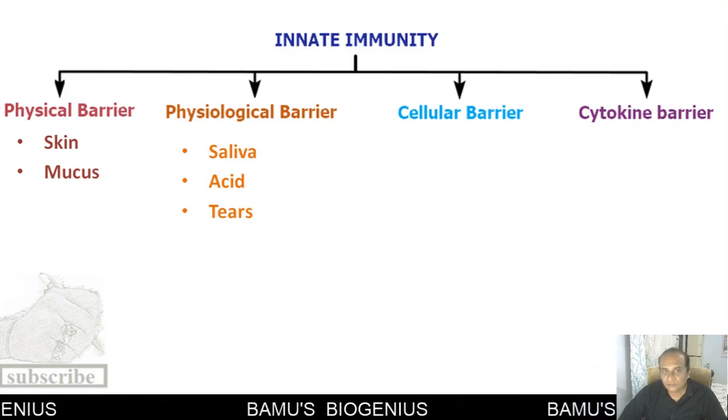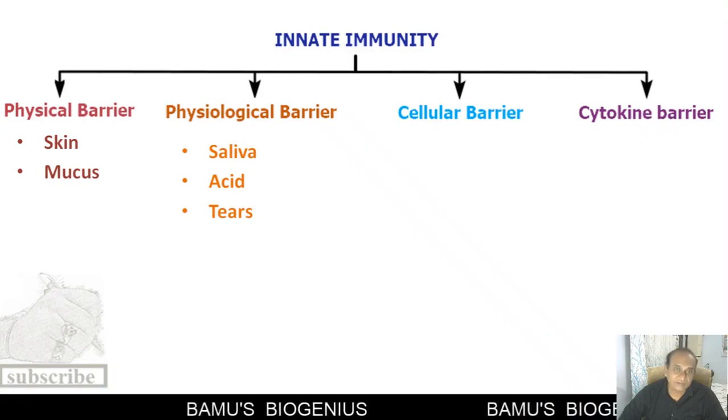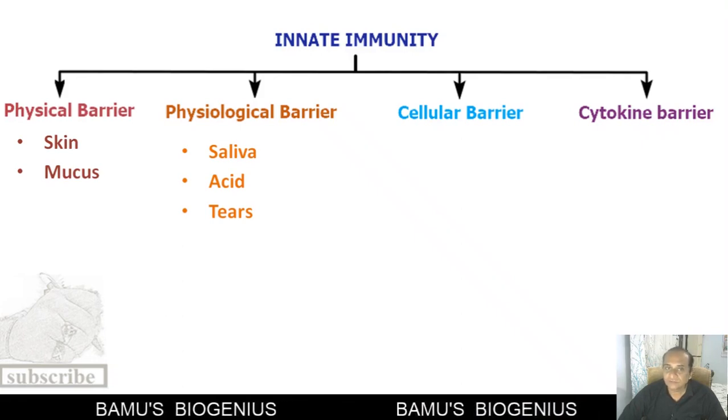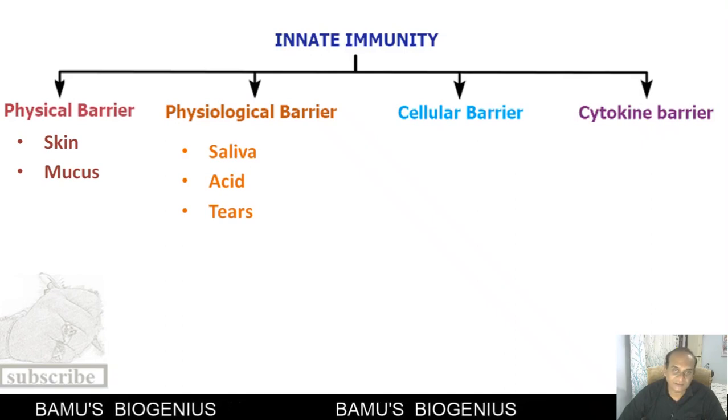So this is how these types of biochemicals serve the purpose of a physiological barrier. This is the second barrier against these microbes.